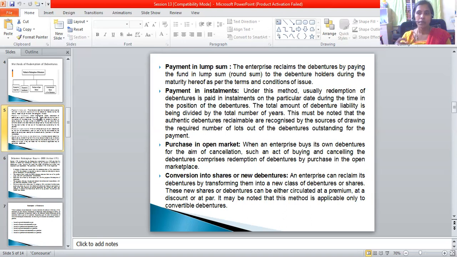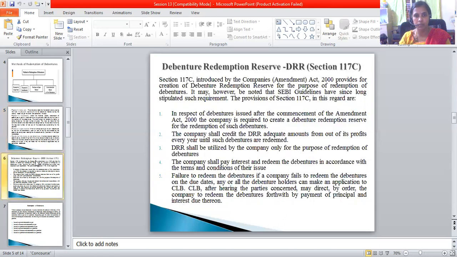Here the debentures can be repaid by converting them into a new class of debentures or equity shares. These new shares or debentures can be issued at a premium, at a discount, or at par. This method is applicable only to convertible debentures, where conversion is given as an option at the time of issue of debentures.